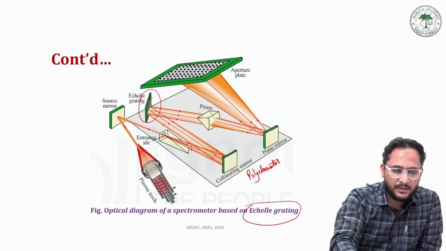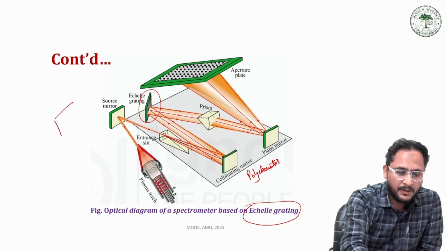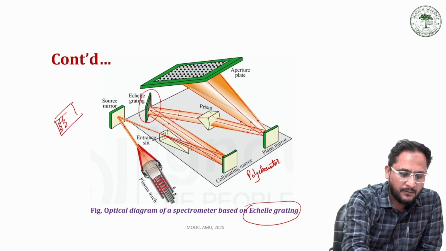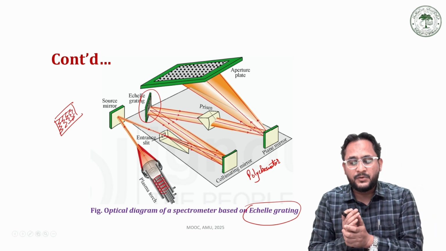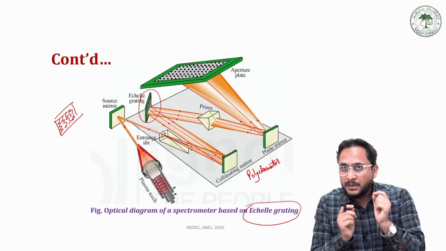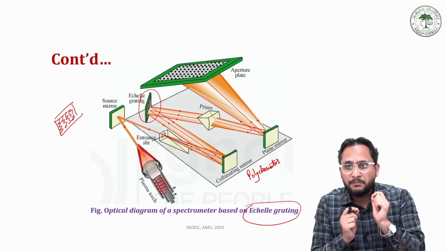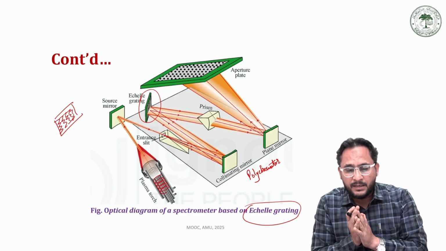This is our axial grating, which is like this. We have grooves on this plate which convert light radiation into individual components, but there is a peculiarity in this particular design.